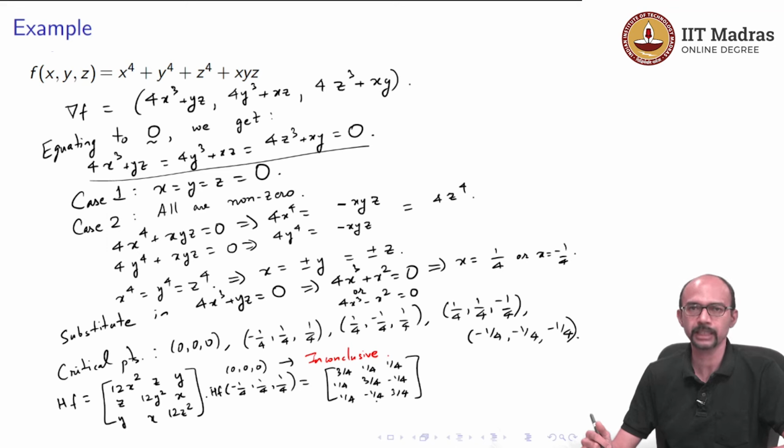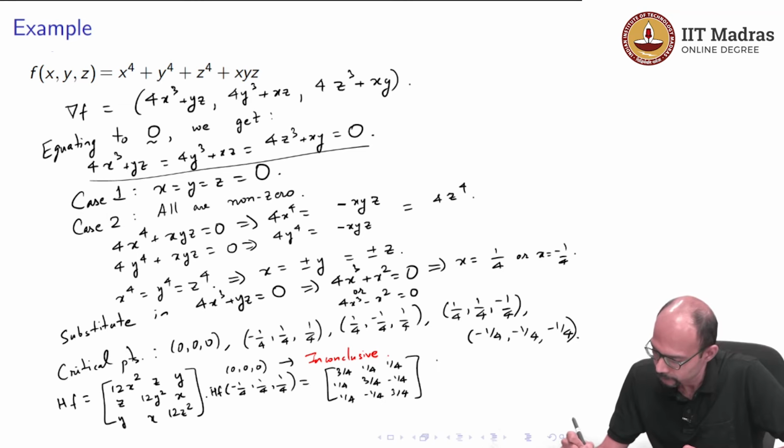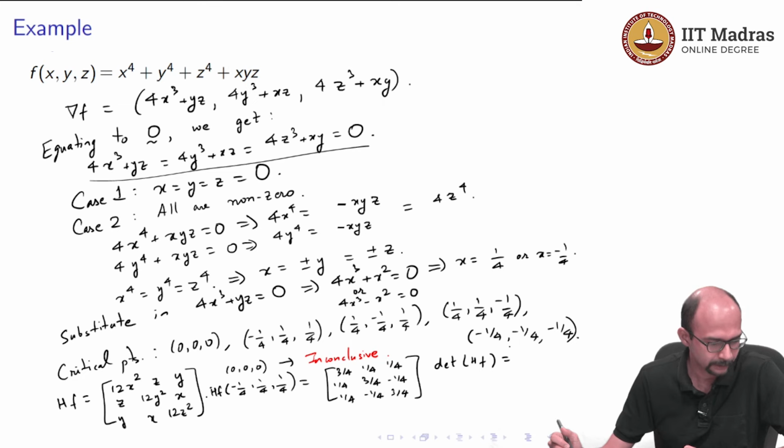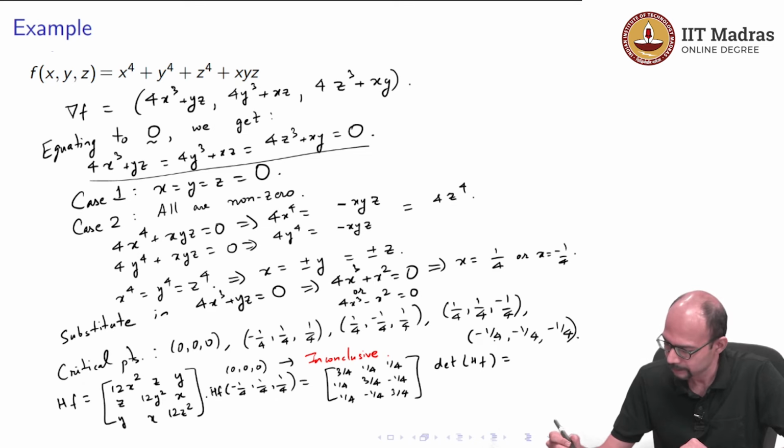And remember that when you take determinant, since it is a 3 by 3 matrix, that constant will be to the power 3. So, if you do that, the determinant of the entire thing is, maybe I will not do the actual computation, and I will just say that this is positive.